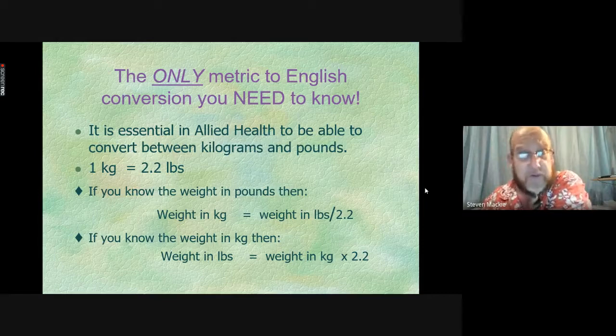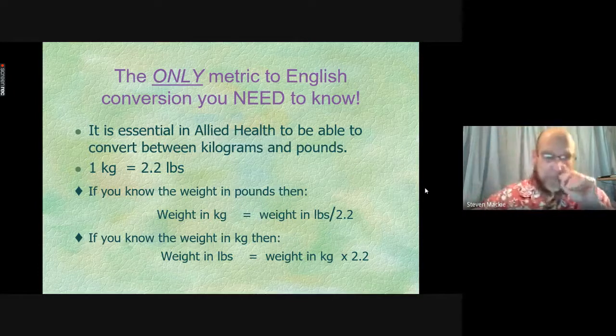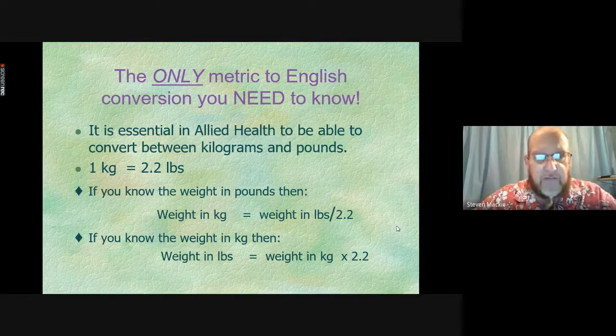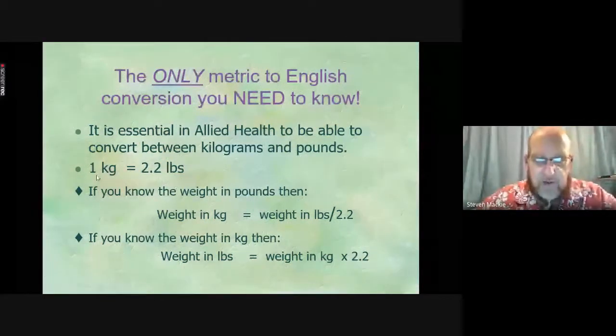It's almost useless to have to do conversions, except for one case, and that's this case. It is the conversion between kilograms and pounds. You need to know this for drug dosing and for charting and that kind of stuff. And here's the bottom line: 1 kilogram is equal to 2.2 pounds.